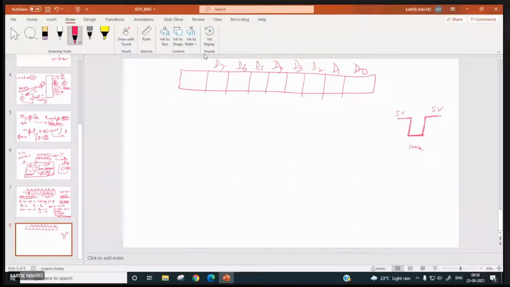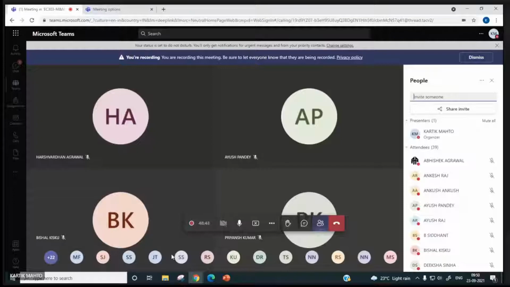This type of pulse we have to generate at say PC7. So what should be our program? You tell me what should be D7? Wait. Ankesh Raj.